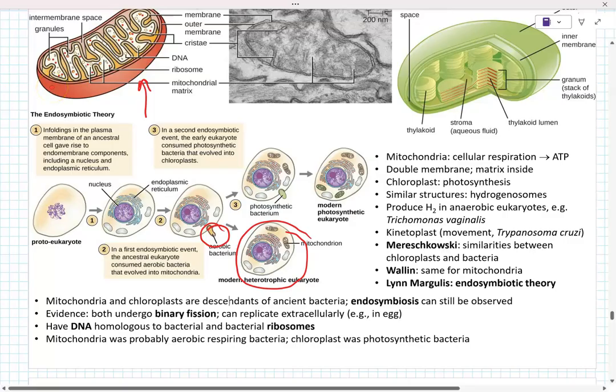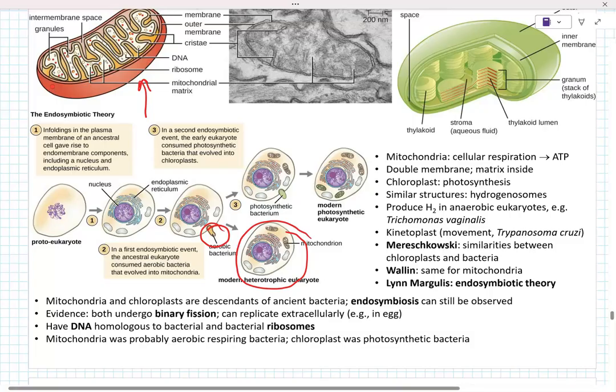Eukaryotic cells found a source of ATP. Okay? Bacteria received protection and a constant supply of nutrients. We doing all right so far?